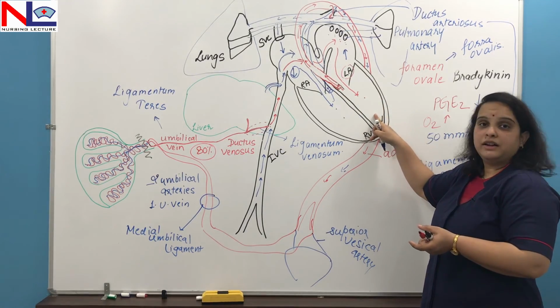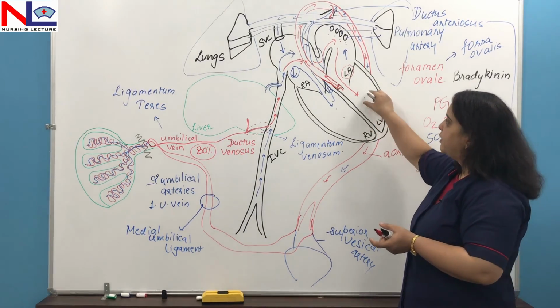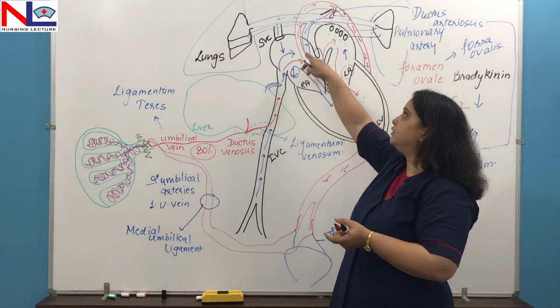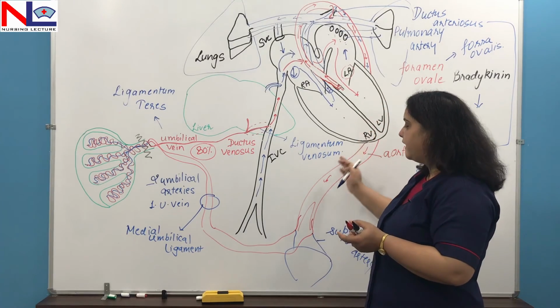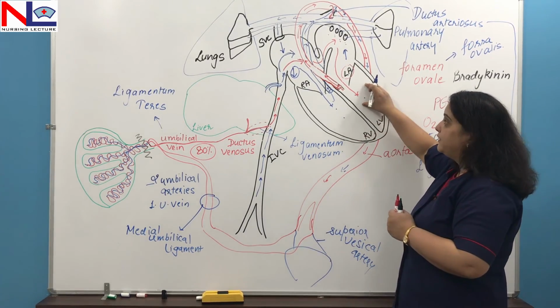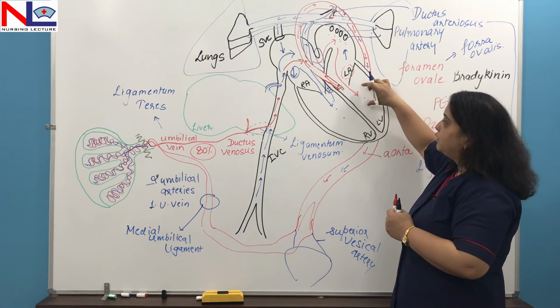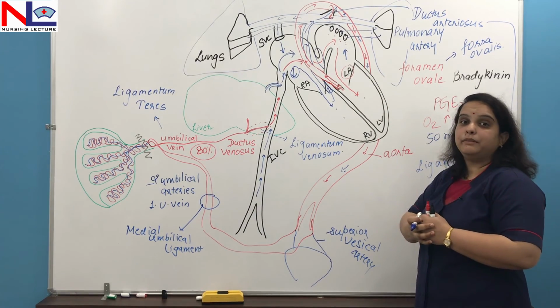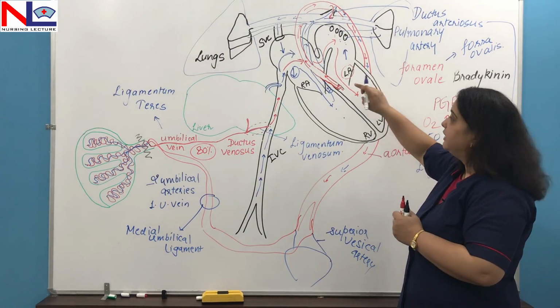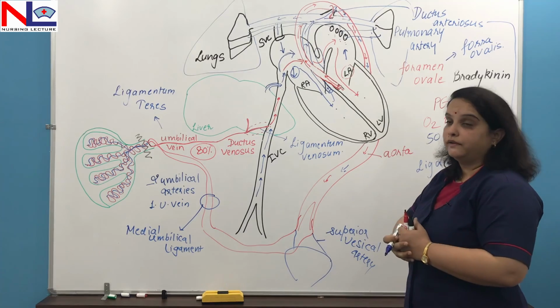From here it enters into the left ventricle, and from the left ventricle it enters into the aorta, that is the ascending aorta, arch of aorta, and the descending aorta, and it enters into the systemic circulation. So after the birth of the baby, the workload of the left ventricle becomes high. Okay, because it needs to eject into this aorta that supplies the whole of the body.